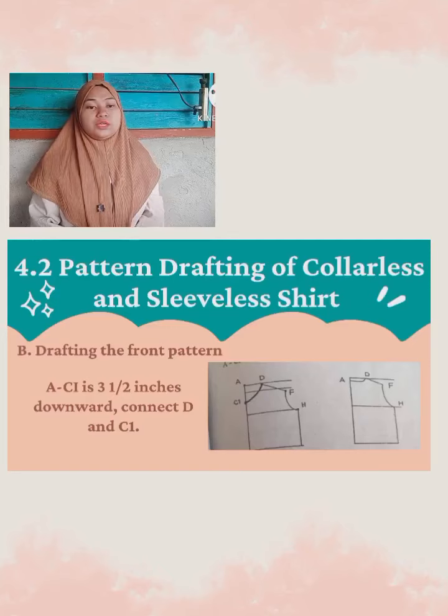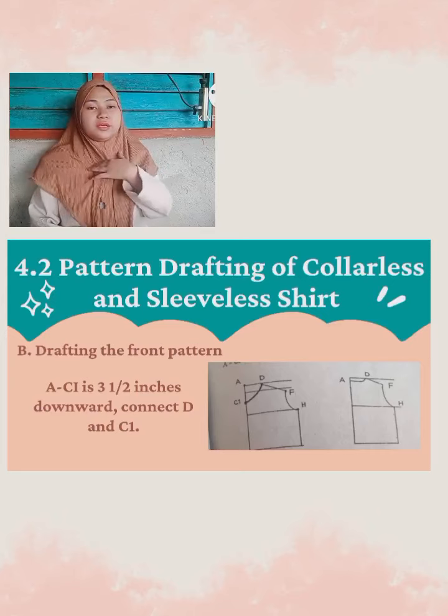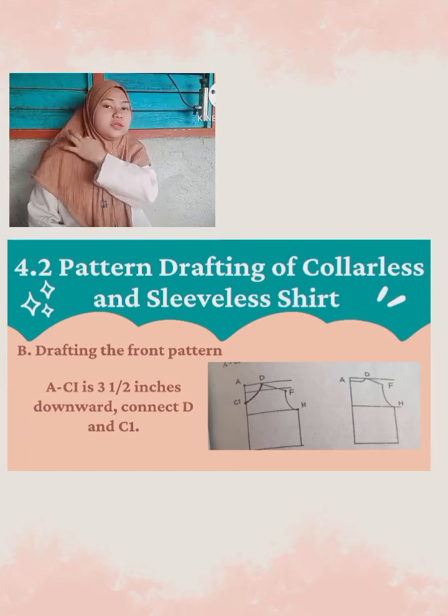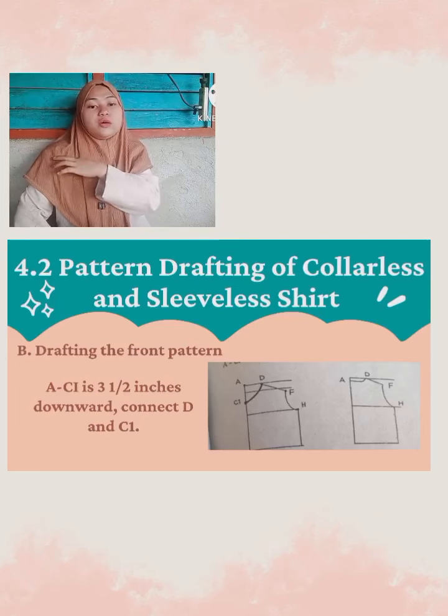After we have done that, we trace the back pattern, which means we extract the A, D, F, H. That is very important because that involves the neck, here, and then our armholes.